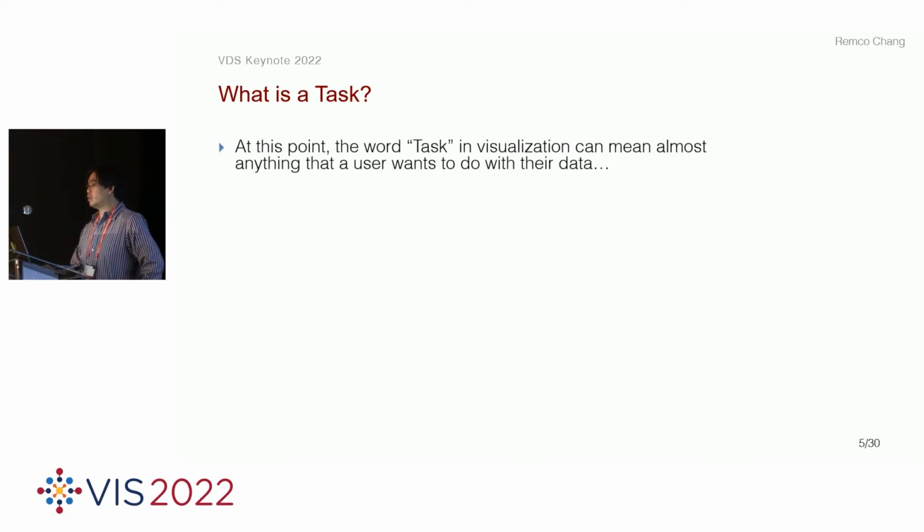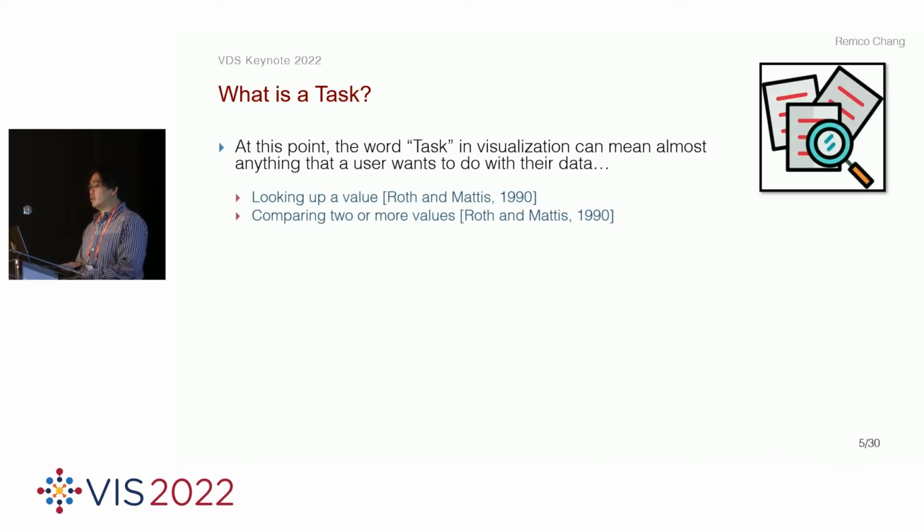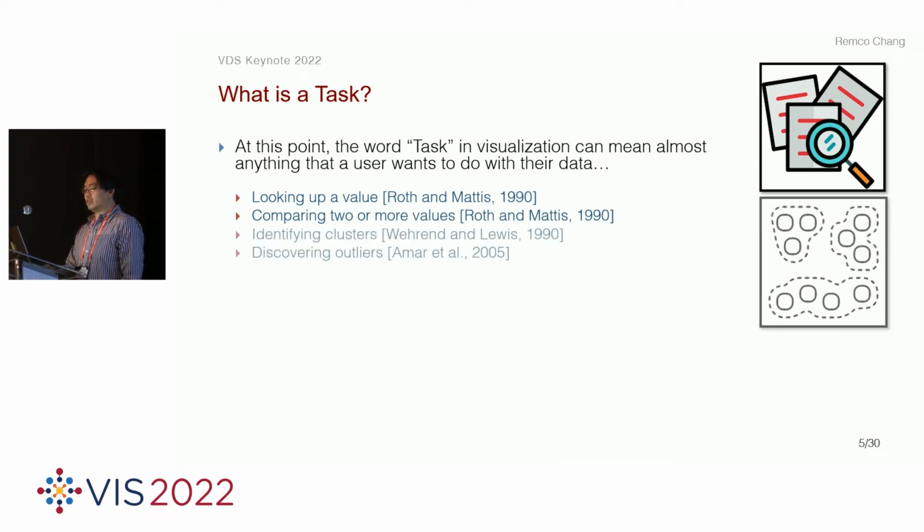The word task in visualization can mean almost anything that a user wants to do with their data. So for instance, looking up a value. That task was first introduced by Roth and Mattis in 1990. Comparing two or more values, that's also in 1990. And then we have identifying clusters, that's Warren and Lewis in 1990.